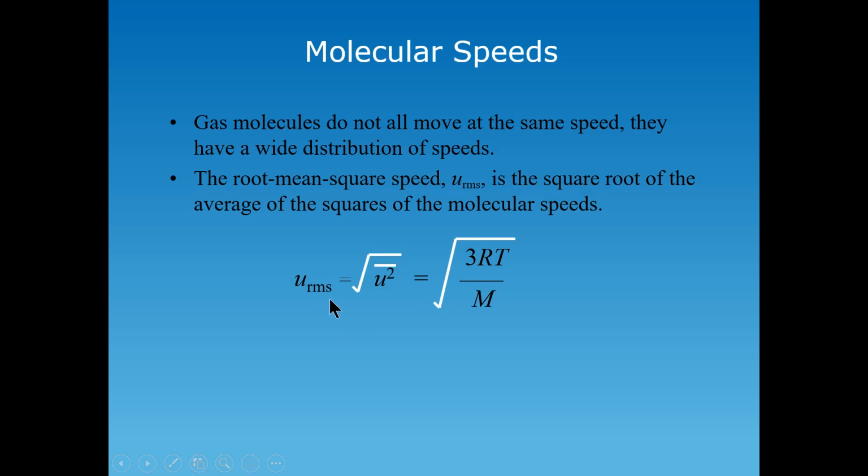Now, the root mean squared speed by definition is the square root of the average of the squares of the speeds of the molecules. And we were introduced to this term in the previous video. Let me just remind you of what that is.